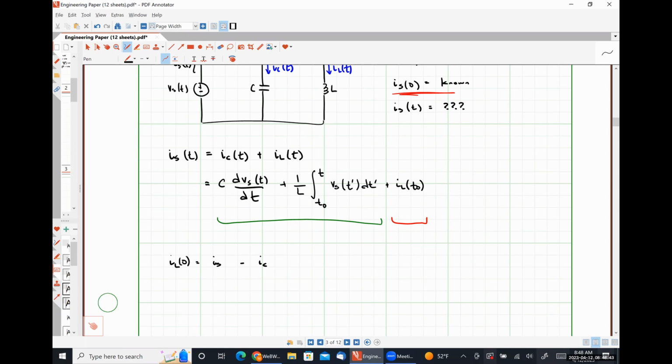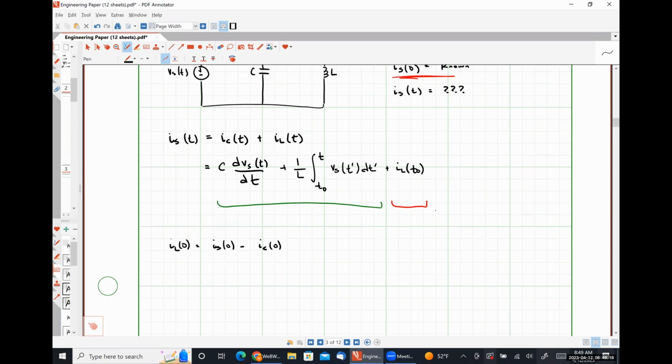But what we're going to do is specifically find those things at 0, because KCL has to be true for literally all points in time, which means it's true for an individual point in time as well. Right? So KCL at T is equal to 0 will allow us to solve for IL at T is equal to 0. IS was given to us. How do we find IC at 0? Take the derivative and set T is equal to 0. Absolutely right.